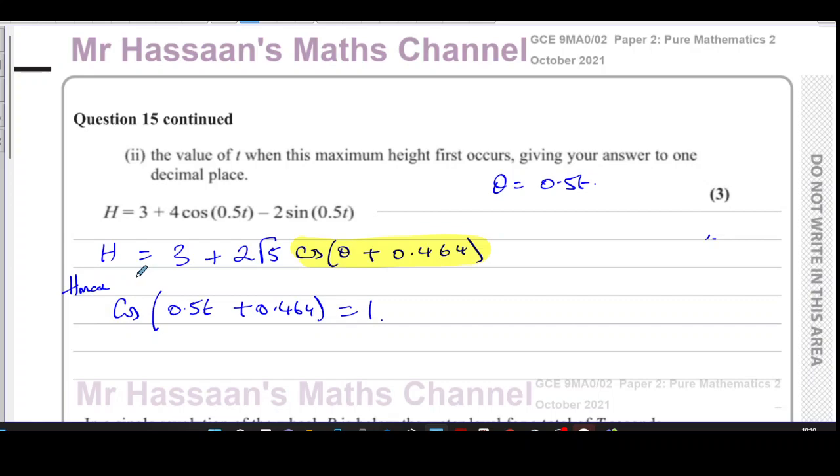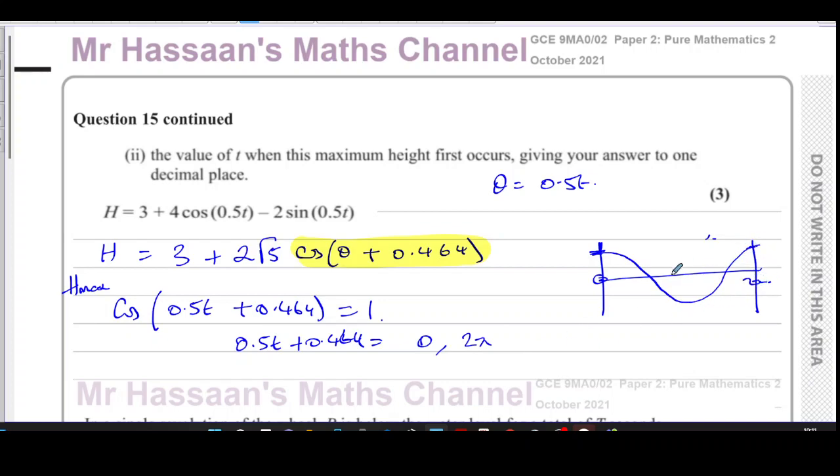We're going to find the first time that this occurs. We can solve this equation quite simply by finding the inverse cosine of 1. The calculator will give us 0, because cosine of an angle is 1 at 0, and then the cosine curve goes round, and the next time it equals 1 is at 2 pi in radians.